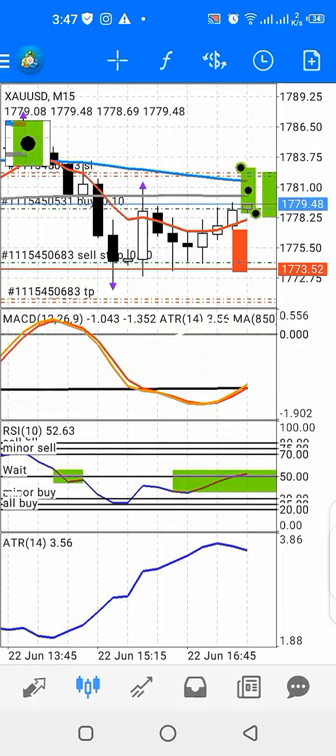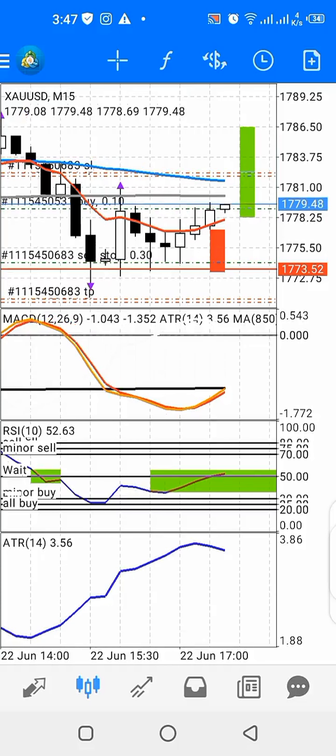Like this, ratio 1 to 2. You measure the stop loss to the entry price and multiply it by 2, and the height will give you your take profit.